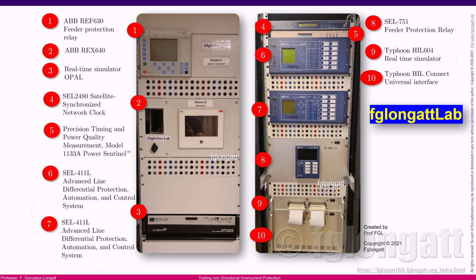In front of you right now, you can see that we have two very important racks inside the lab. The rack on the left-hand side is what I call the ABB rack, because it is designed for the use of ABB devices.